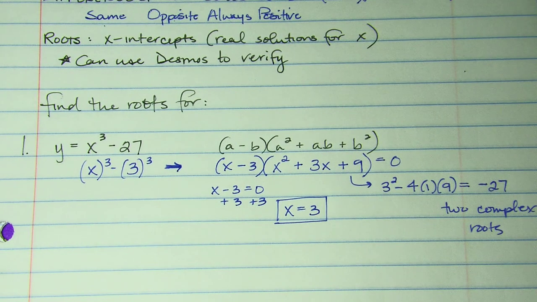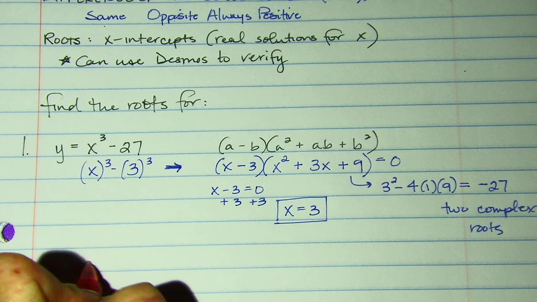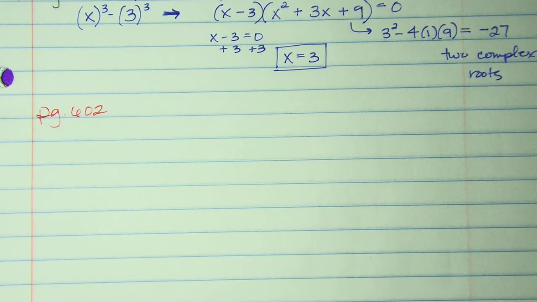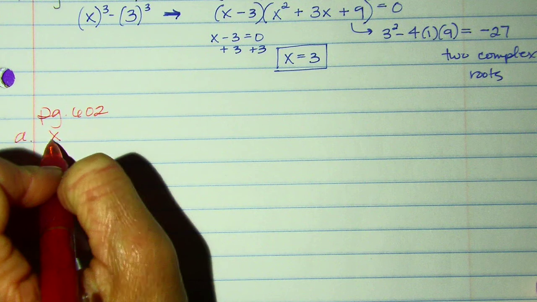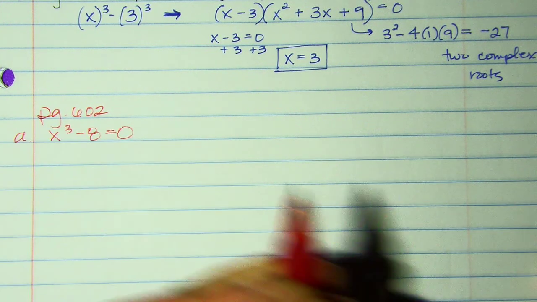So let's try our lesson practice. So it is on page 602. This is a long section, so I'm going to try to do a couple examples of each. So part A, they'd like us to find the roots of x cubed minus 8 equals 0. So again, I'm using that.